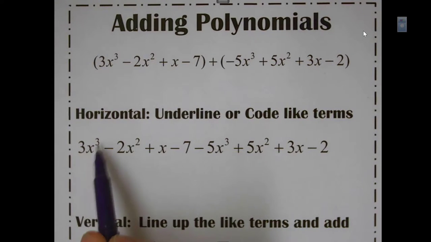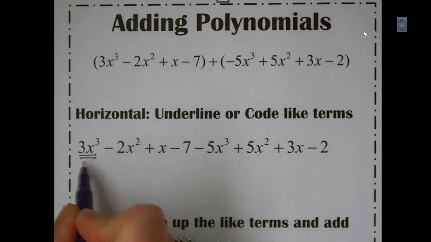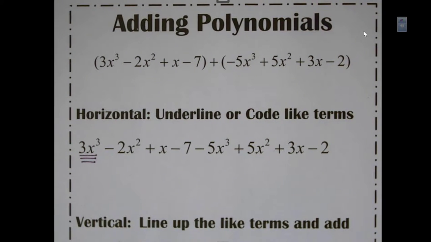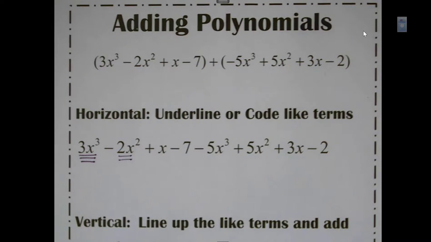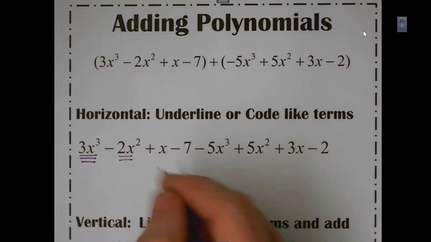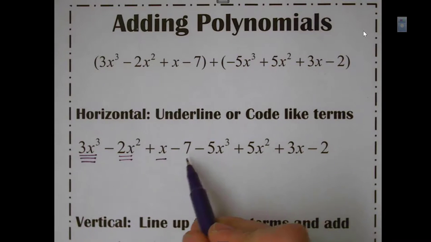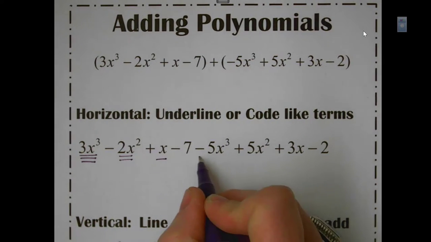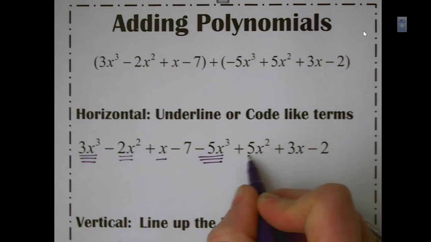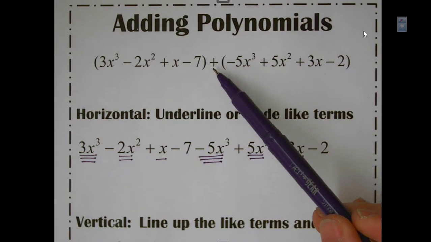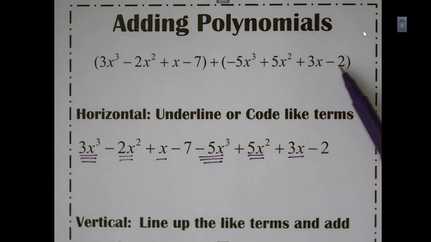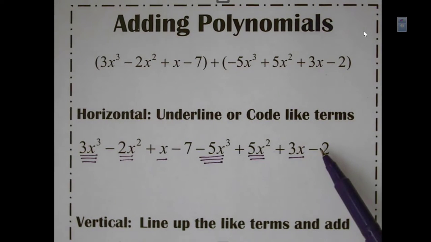So I can see this 3x cubed is to the 3rd power, so I'm going to put 3 underlines. -2x squared, its exponent is 2. This would be to the 1st. And I just don't do anything with the constants, just leave that alone. Okay, so 1, 2, 3, 1, 2, and 1. And notice that because it's an addition, all of these signs are staying the same.